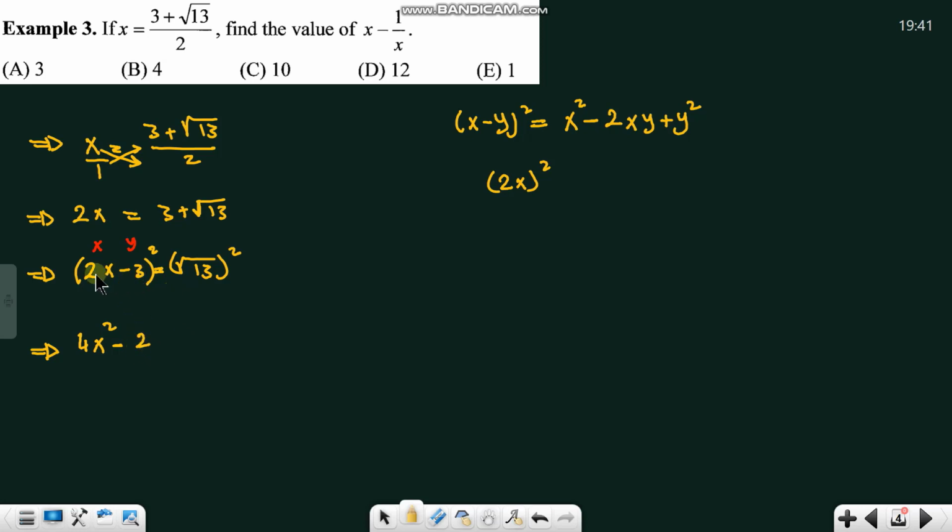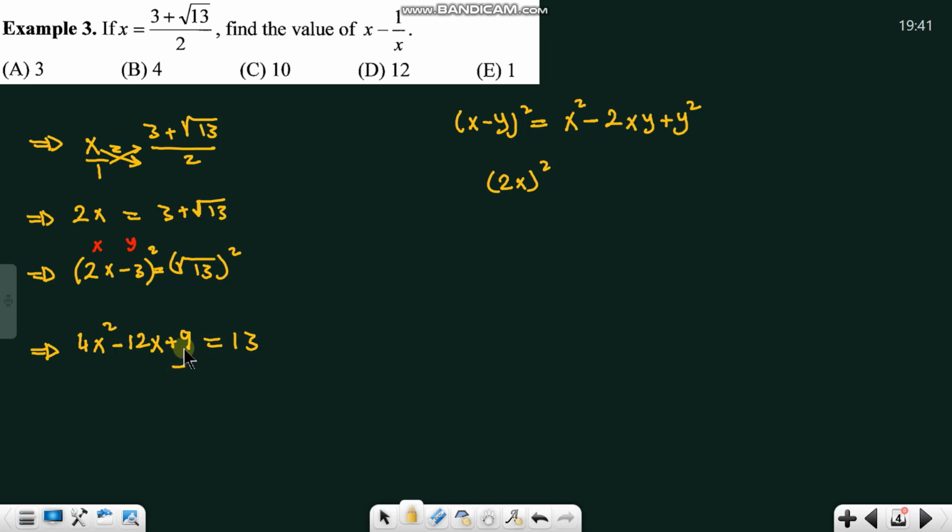And the multiplication of these two terms, 2x multiplied by 3, is 6x, and 6x multiplied by 2 is 12x. Good. And I have plus y squared. Negative 3 multiplied by negative 3 is going to be 9. That's why it is always plus. And equals 13. Now we will try to get rid of 9.